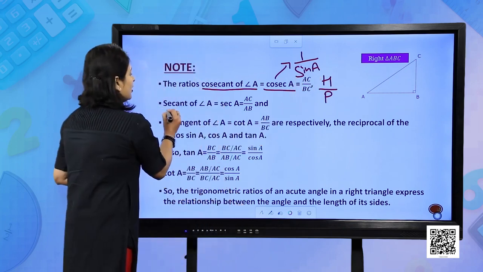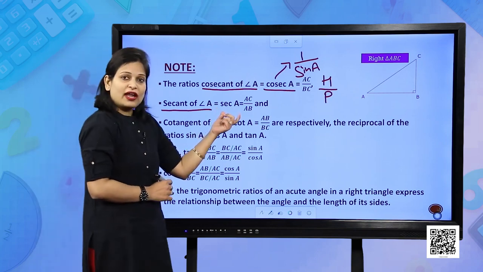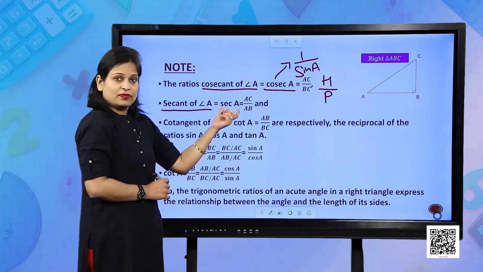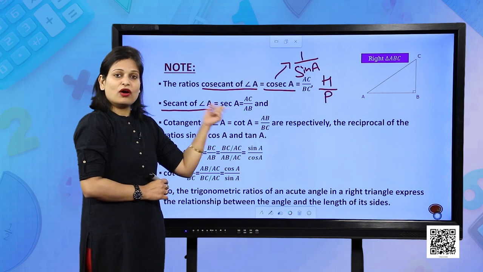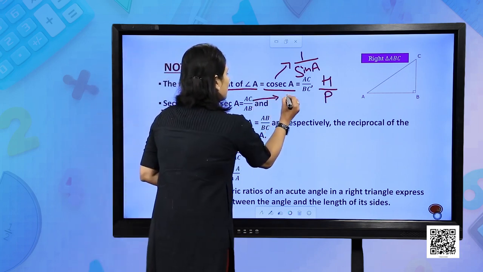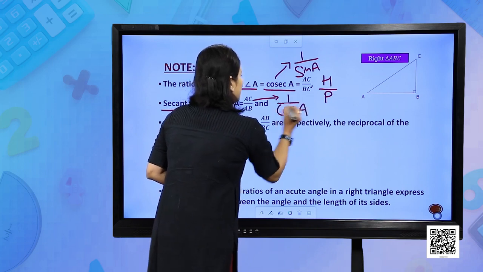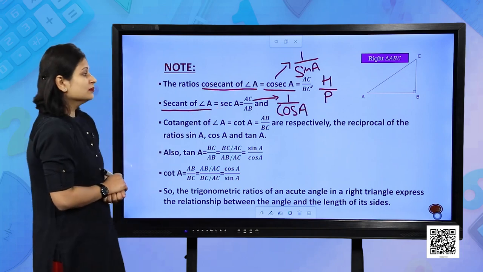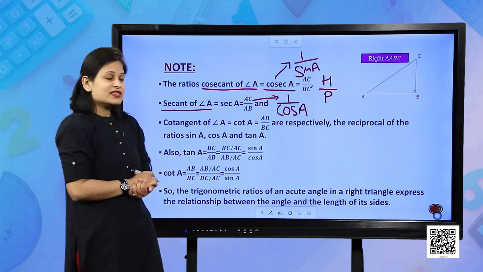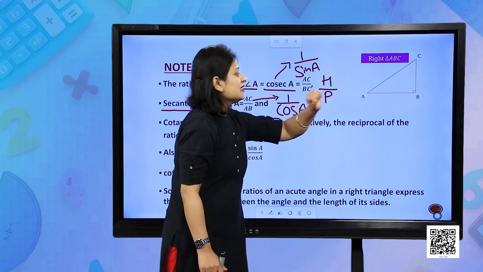Now, what about secant of angle A? We call it in short sec A, which is the reciprocal of cos function. This is basically 1 upon cos A. As you can see, the value of cos A is AB upon AC.